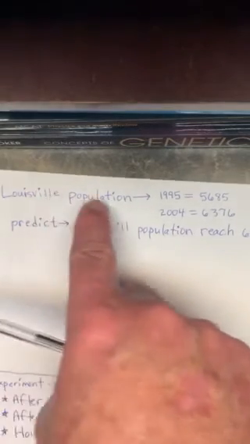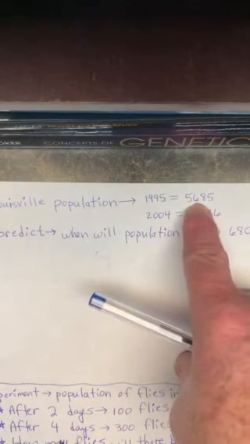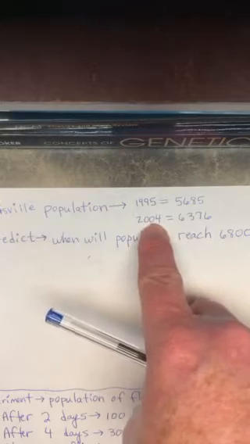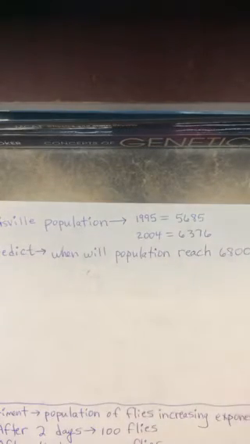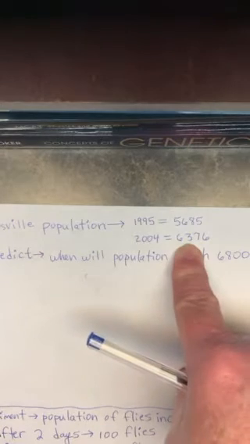The Louisville population, let's say 1995, was 5,685. And in 2004, after studying the progress of the population, it was 6,376.